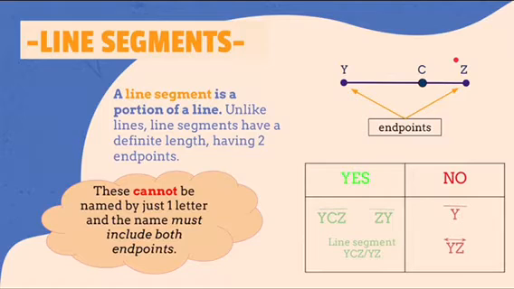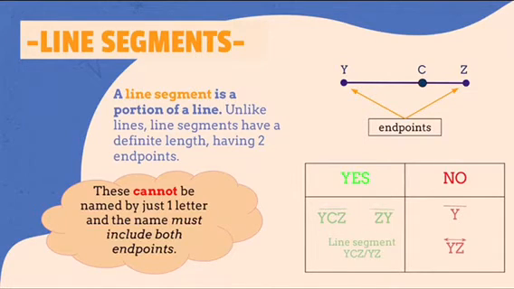Now, you can also name line segments by using symbols. Except in this case, you must draw a miniature line without arrows above the letters being named. So for example, we could call this yet again line segment YCZ or line segment ZY.